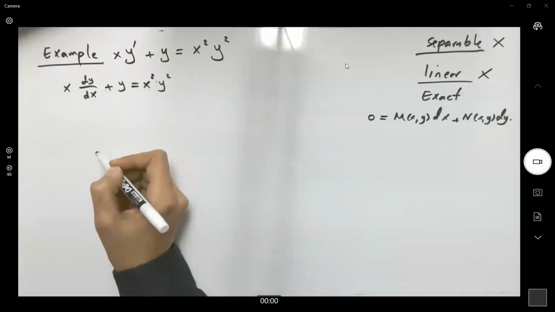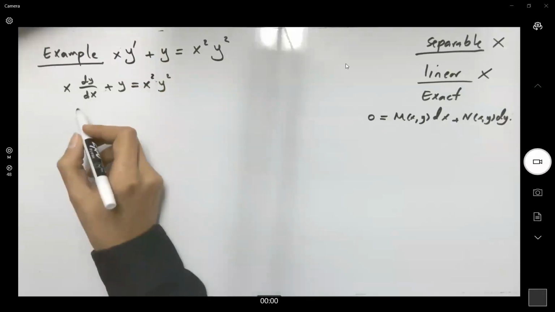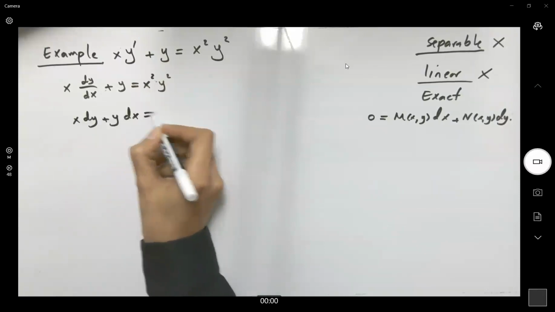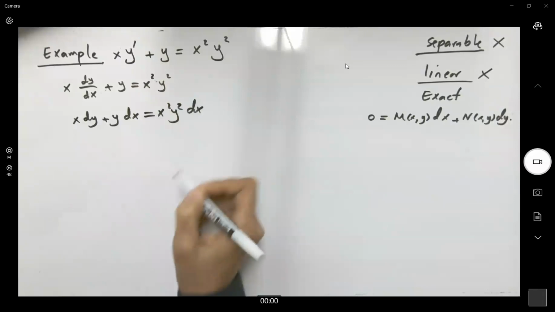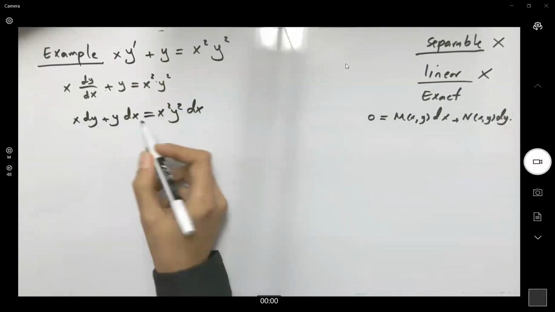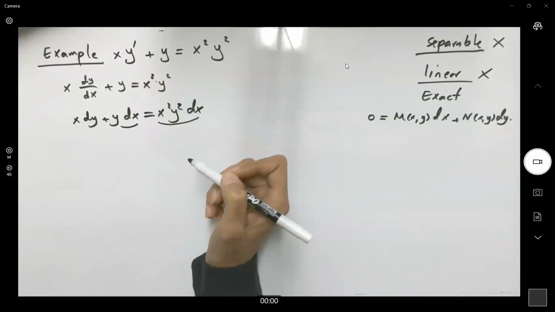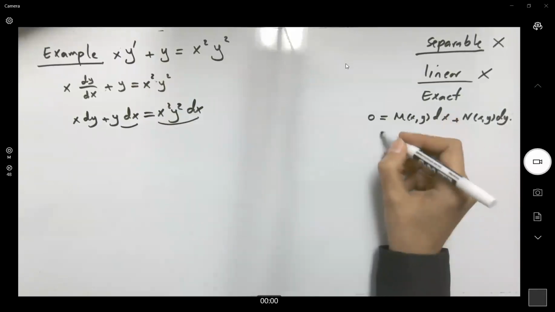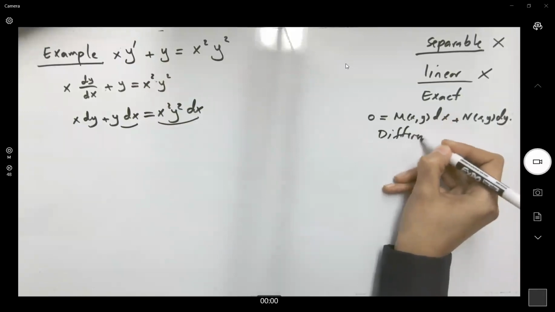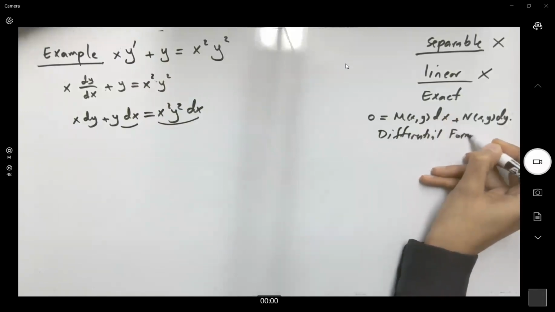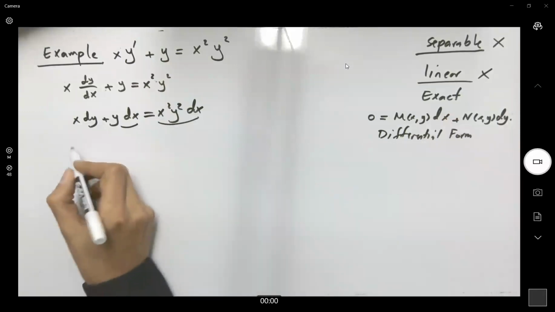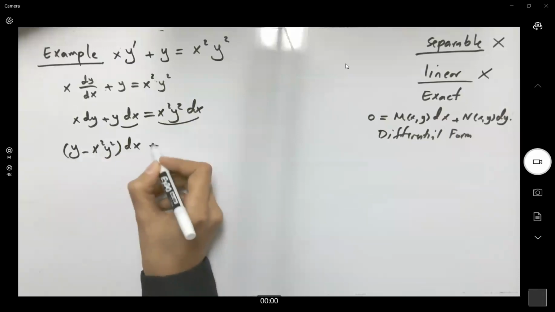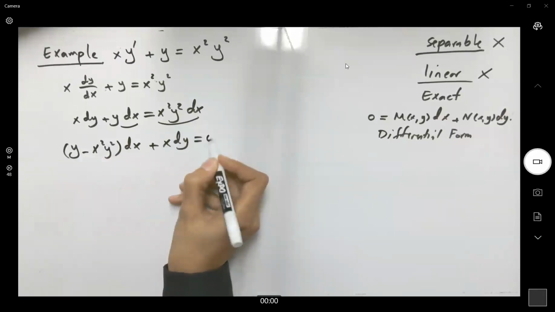If you multiply everything by dx, you get x dy plus y dx equals x squared y squared dx. You can bring all dx's to one side and write this in the differential form. Let's see. We get (y minus x squared y squared) dx plus x dy equals 0.